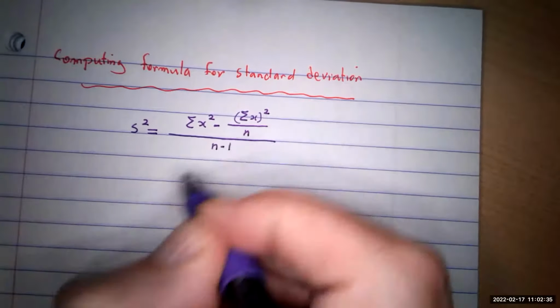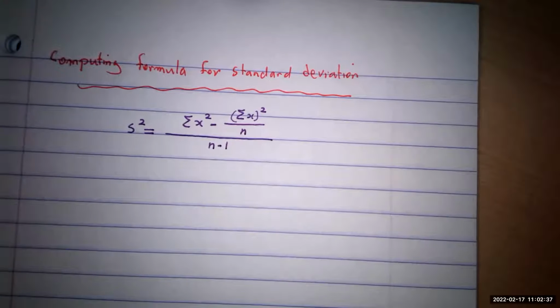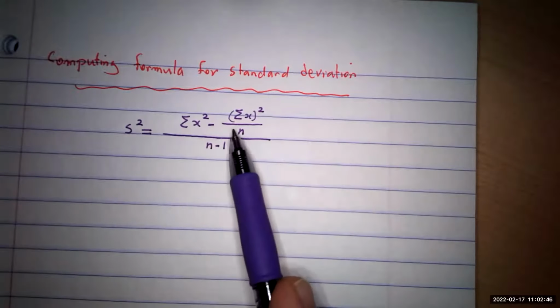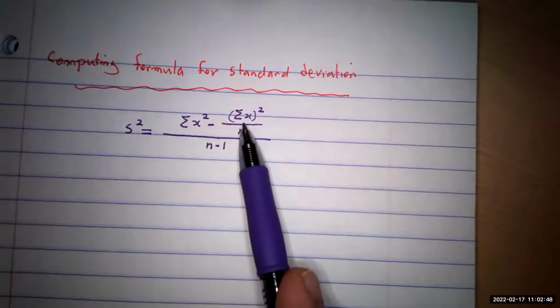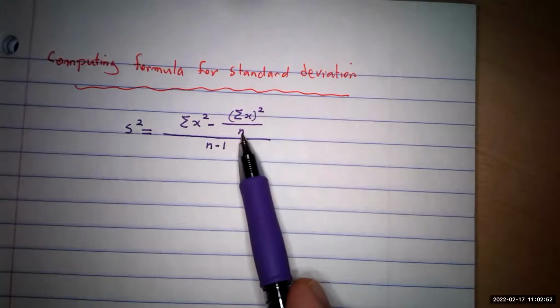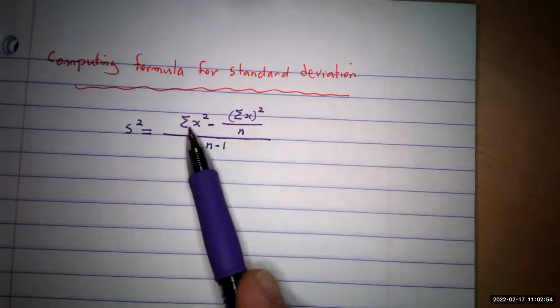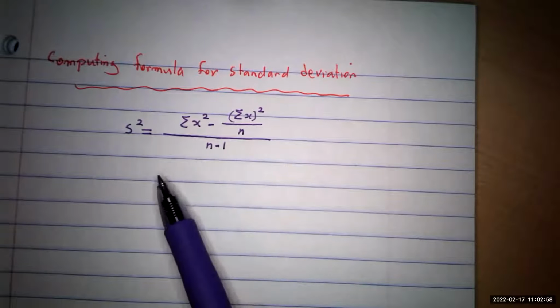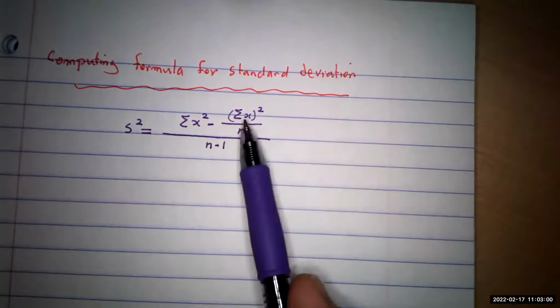It's the same formula. When you expand it, there is no x bar; it's like we substitute for the x bar. Make sure you write it down correctly because we are going to use it in several places. You see sigma x all squared, then divided by n. The one in your book, they find the common denominator, bring this n down, and give you n times n minus 1. You can use that one too, but I prefer this one.